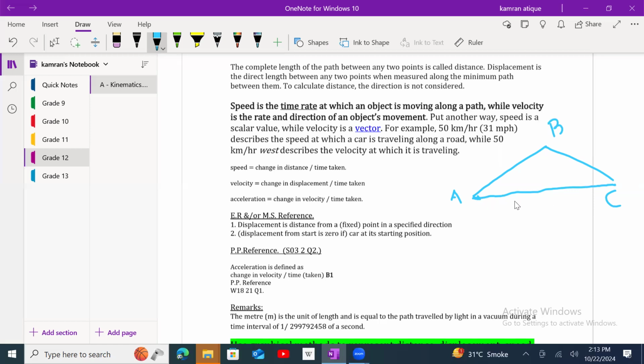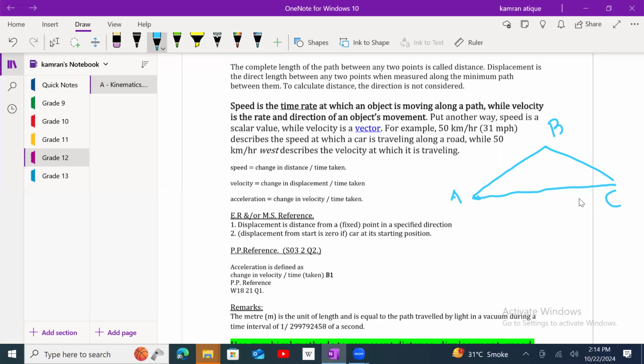The direct displacement between A and C, which is the shortest route, must be less than 30 kilometers. It can be around 22 or 23 kilometers or any other number. So, students, the complete length of the path between any 2 points is called distance, while displacement is the direct length between any 2 points when measured along the minimum path between them.